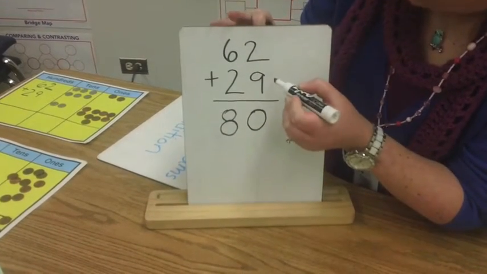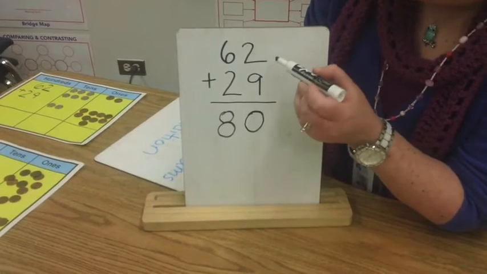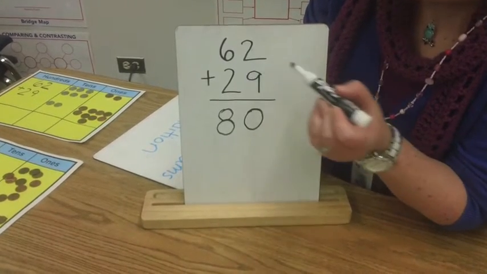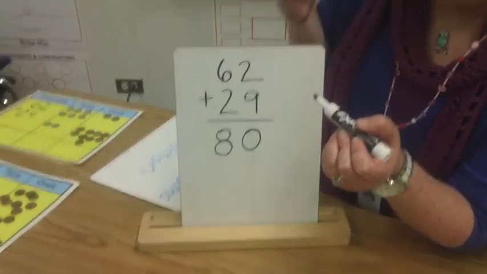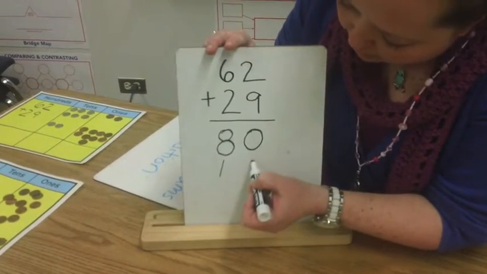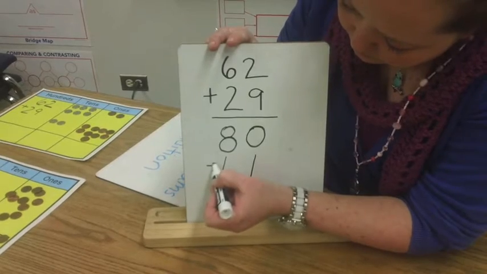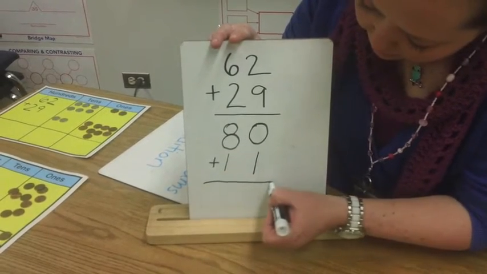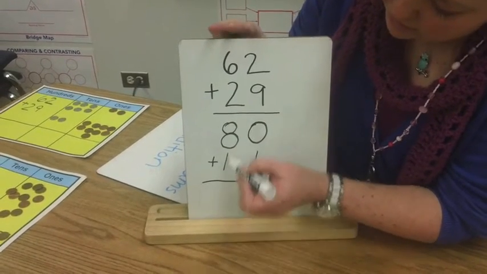And now I'm going to add my ones. I have 2 and 9, 9, 10, 11. 9 plus 2 is 11. So I'm going to add my 11. Now I'm going to look at my tens again.